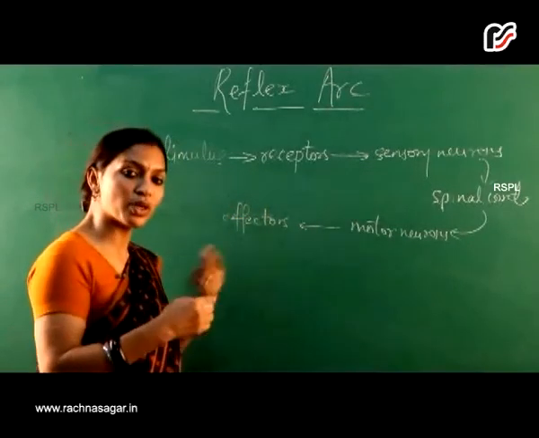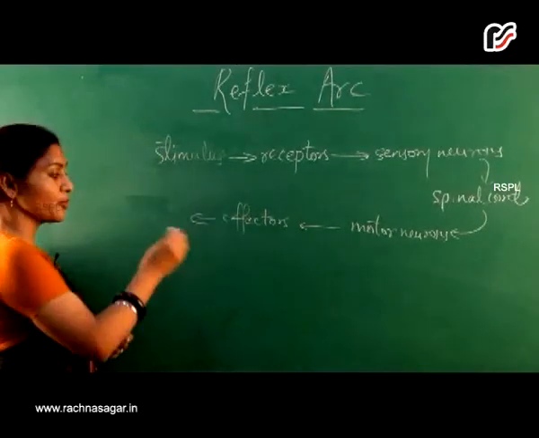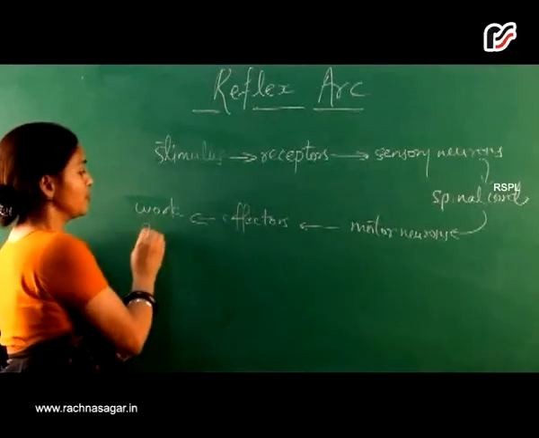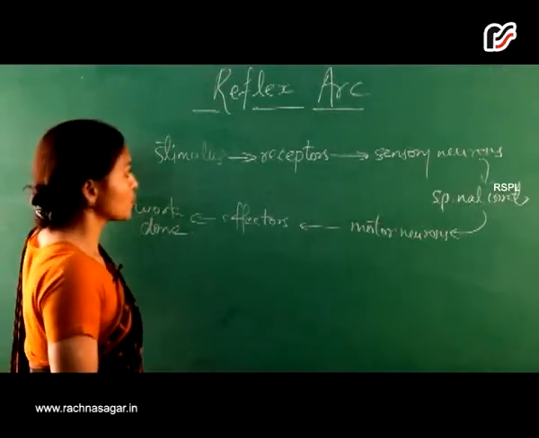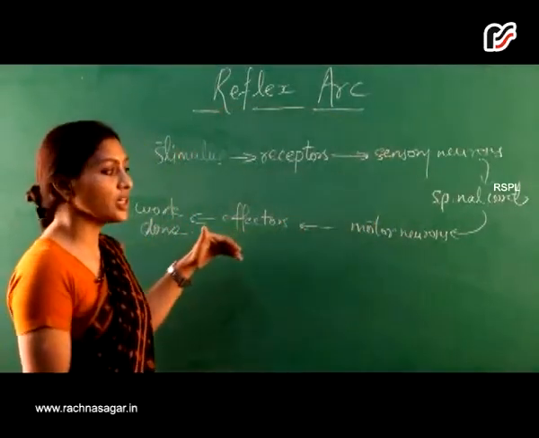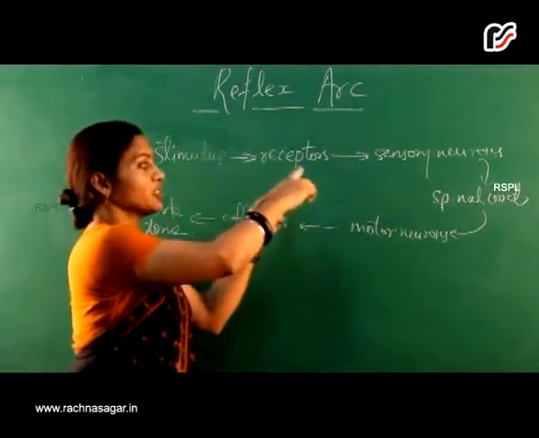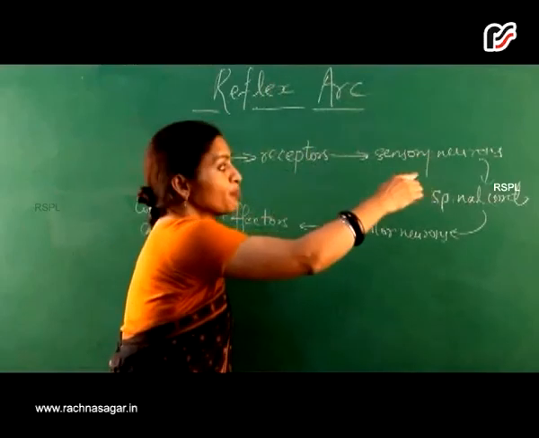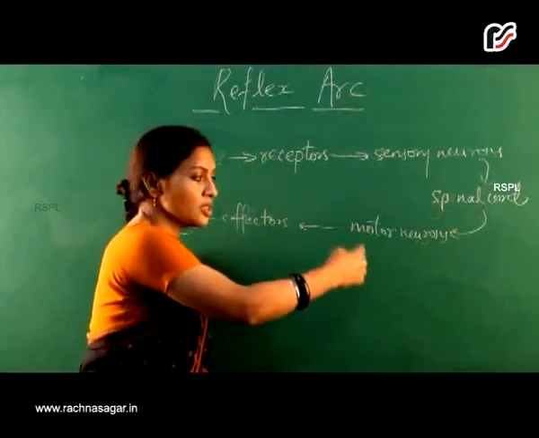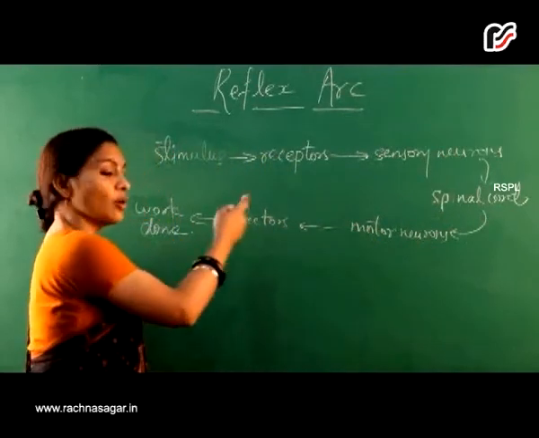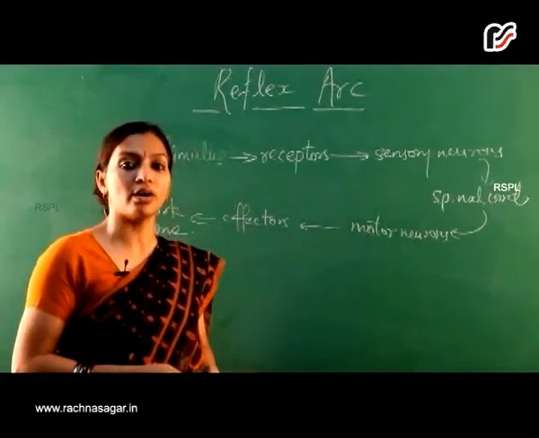Hence they are known as effectors because work has to be done. And finally, work is done. So this flow of information, if we see, is in the form of an arc. Stimulus received by receptors, then gone to sensory neurons, via them to the spinal cord, then to the motor neurons. They carry the commands to the organs, effector organs, and work is done. So this is known as reflex arc.